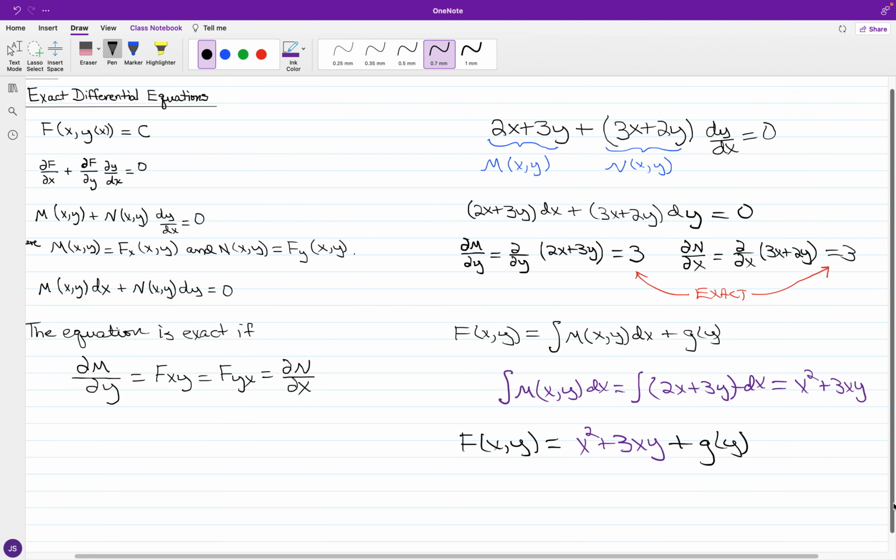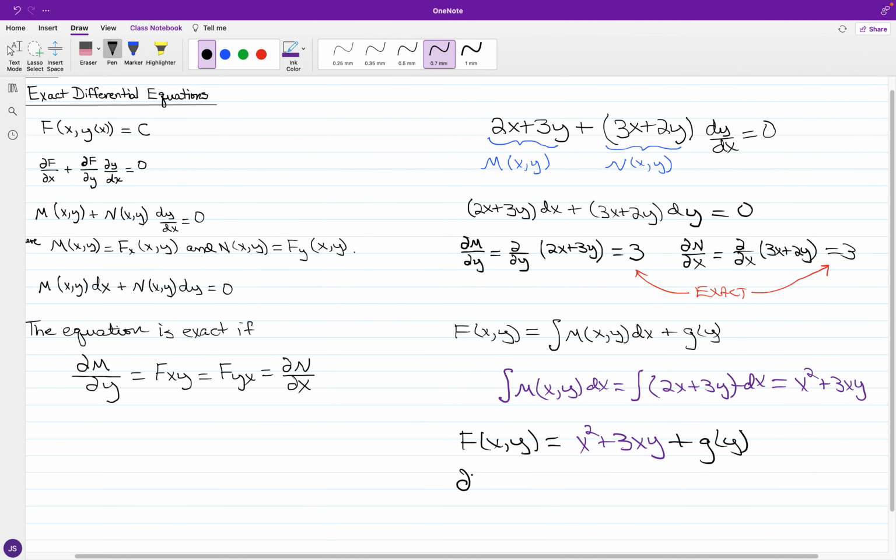plus g of y. Now, following through, if I take the partial derivative of our function f with respect to y, I want this to be equal to n of x and y.